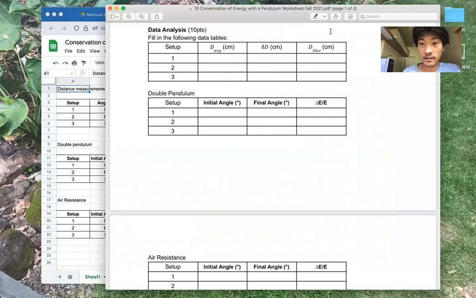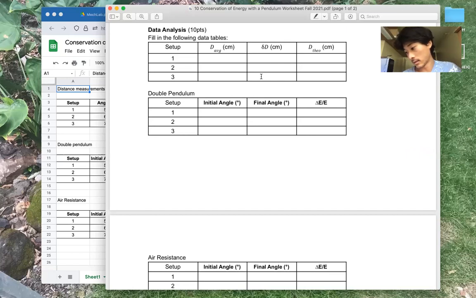And for this D theory column, how to calculate this is actually given in the lab manual. So you don't need to use any of the spreadsheet to do this last column. Just use the formula for D theory, from the lab manual. But you need the data to do these first 2 columns.